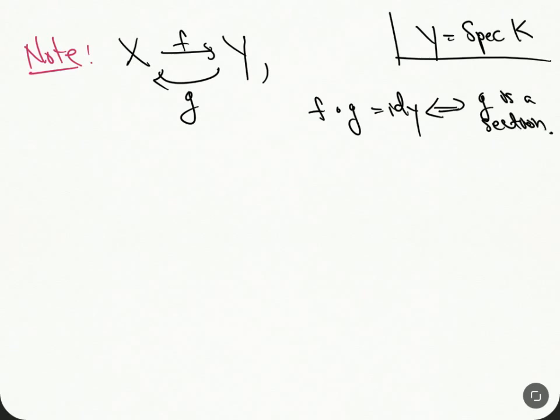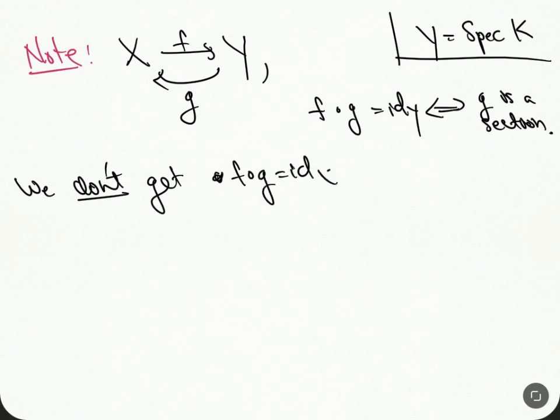But we don't get that f composed with g is the identity on X. This is not true.